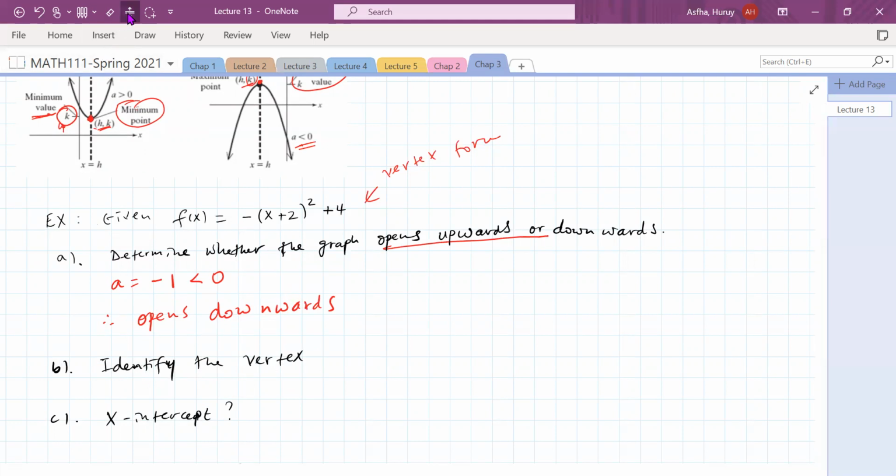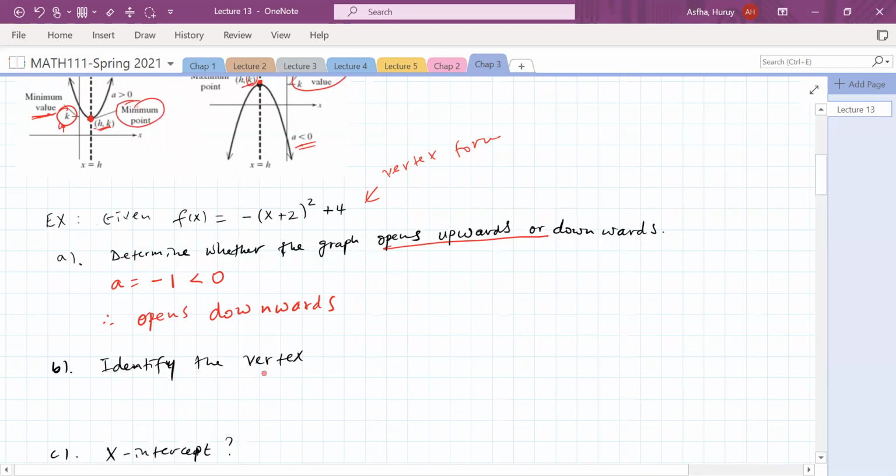And then identify the vertex. For this one, let me rewrite it: minus (x plus 2) squared plus 4. If you notice, it's not exactly the same as we saw earlier, because here it was negative, now it's positive. So can I rewrite this in the same way as above? Yes.